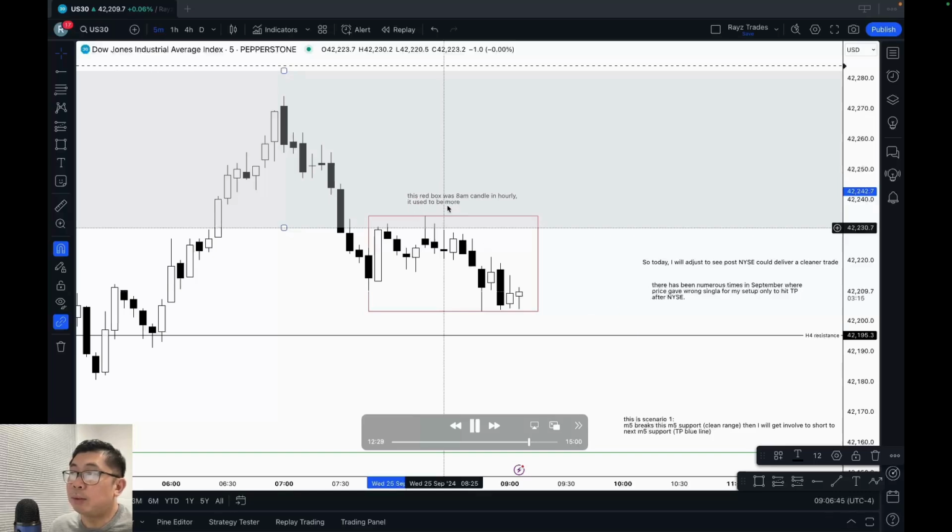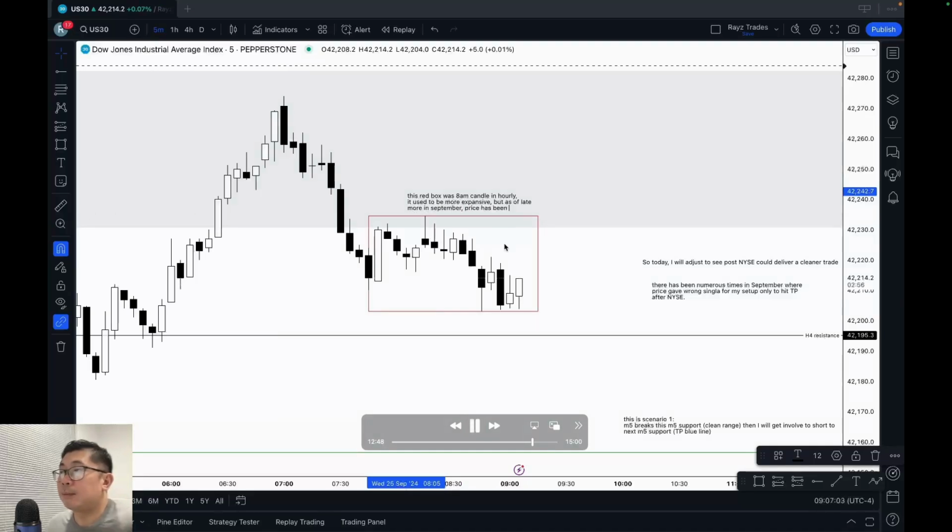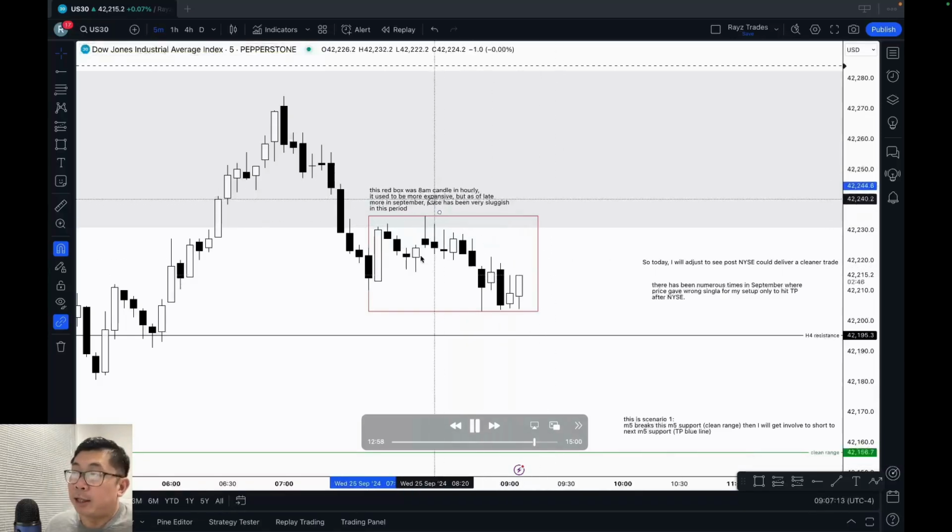I wrote down it used to be more expansive, but as of late, more in September, price has been very sluggish in this 8 to 9 period.